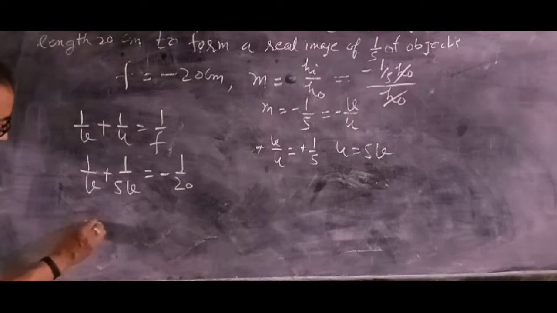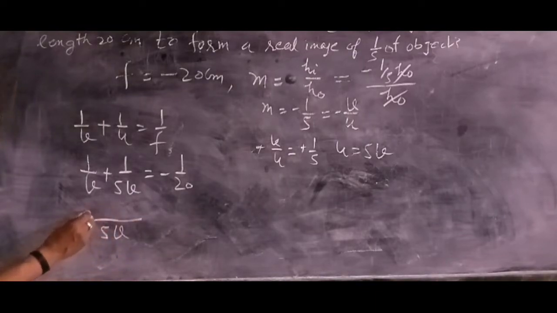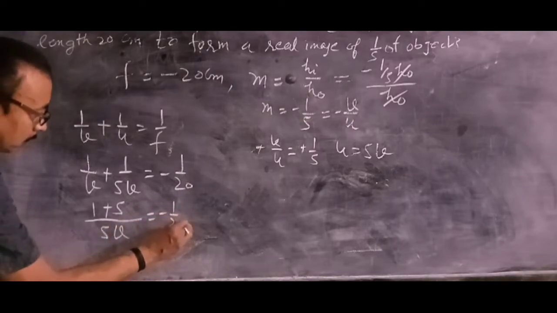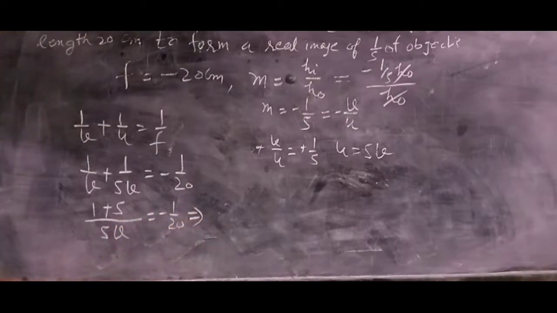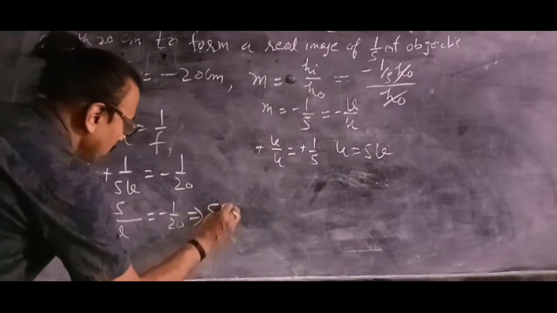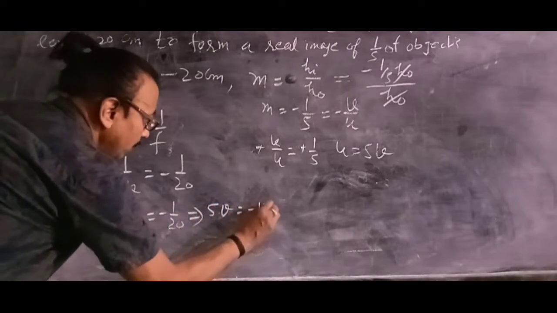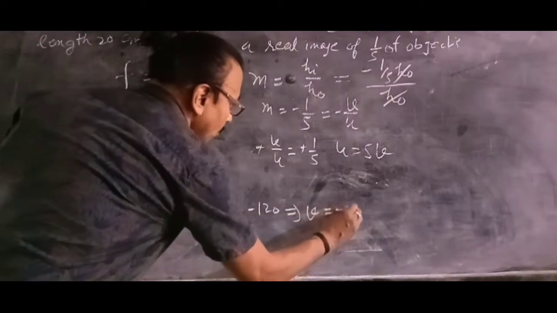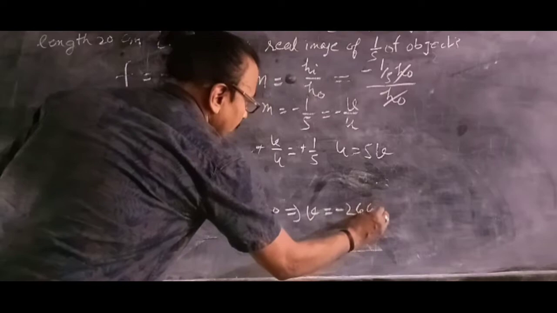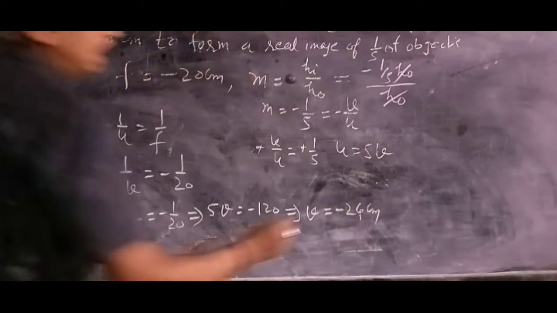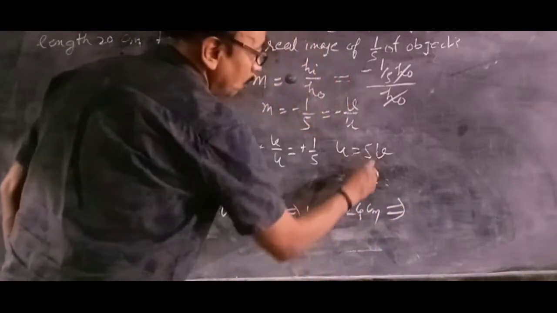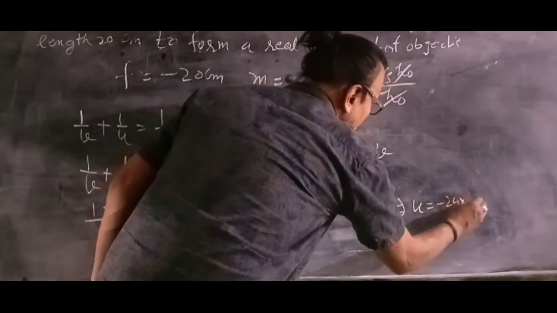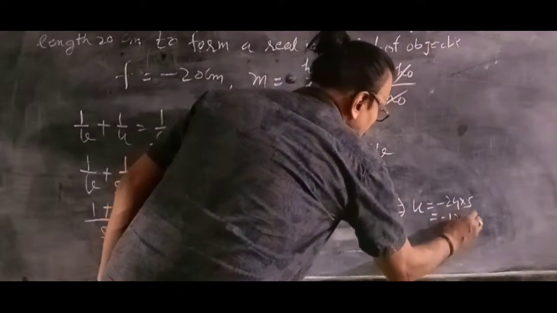By taking LCM, 5v, 1 plus 5, that is equal to minus 1 by 20, that implies that 5v equal to minus 120, and that implies that v equal to minus 24 centimeter. That implies that u equal to 5v, u equal to minus 24 into 5, that is equal to minus 120 centimeter.